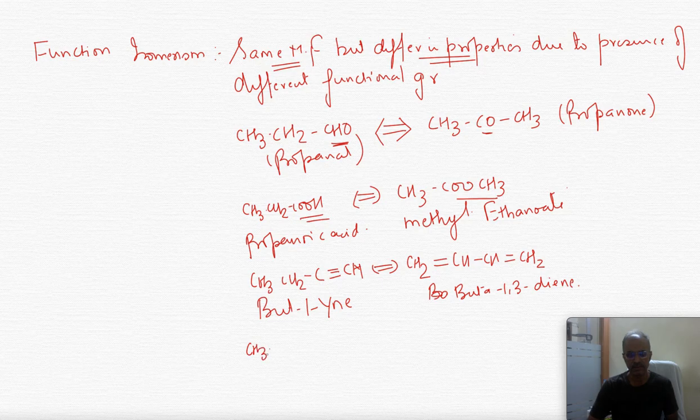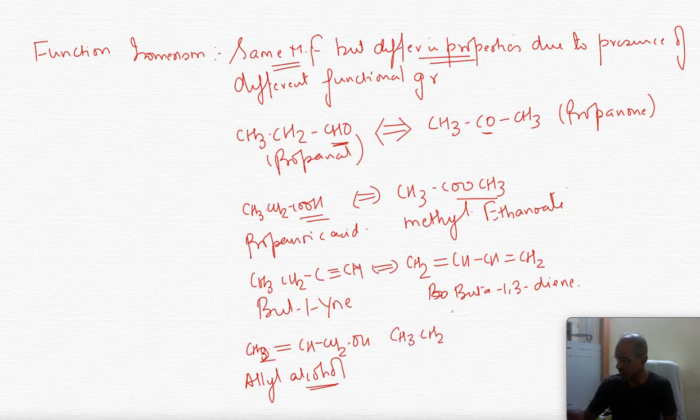Now another example we will take: CH2=CH-CH2OH. This is the allylic carbon atom, so it is known as allyl alcohol. It's a primary alcohol. Similarly, we can take CH3CH2CHO. This is propionaldehyde.